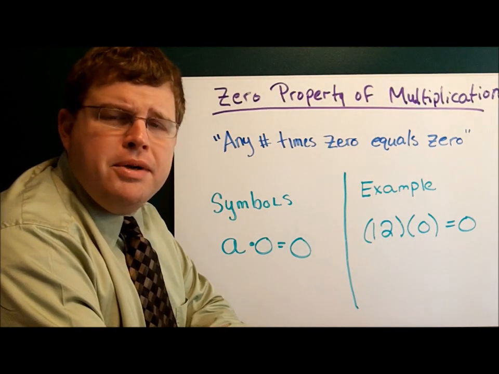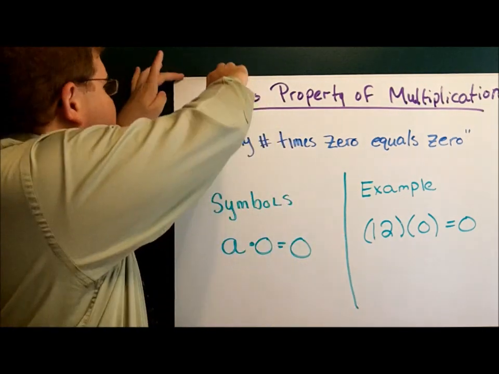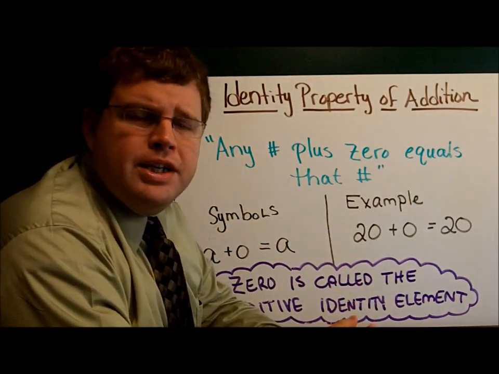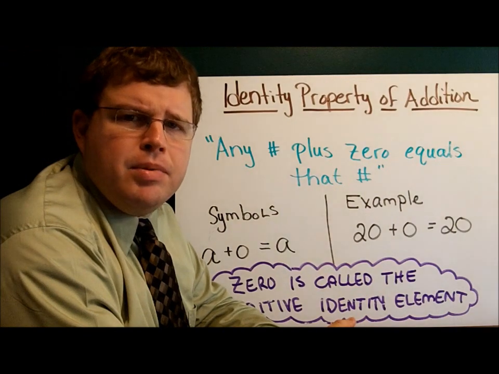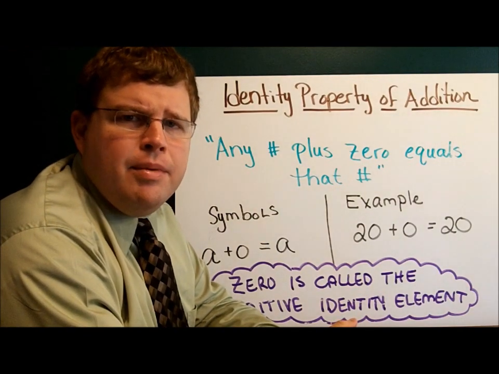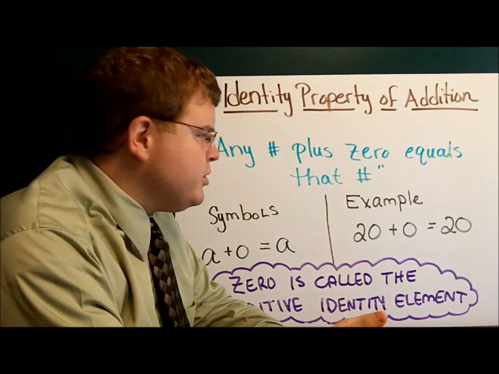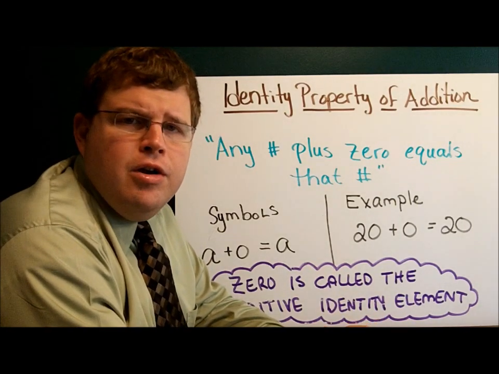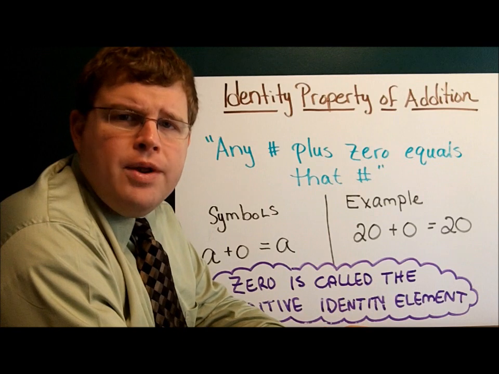The next 2 properties are called identity properties. The first identity property is for addition. It says any number plus 0 equals that number. 12 plus 0 equals 12. 20 plus 0 equals 20. 45 plus 0 equals 45.